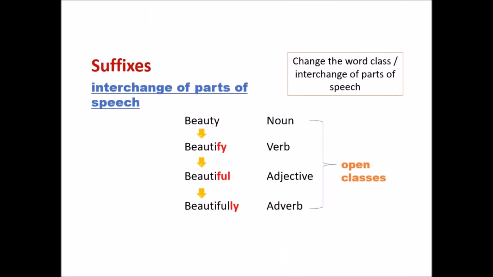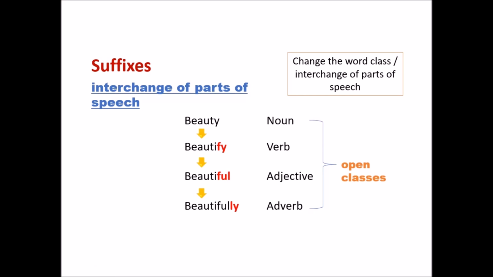Here I have taken the word beauty as the root word. It's a noun. What I have done here is add a suffix, fy. So then I can get a verb, beautify. I have formed a verb from a noun by adding a suffix. And again I add another suffix, ful.